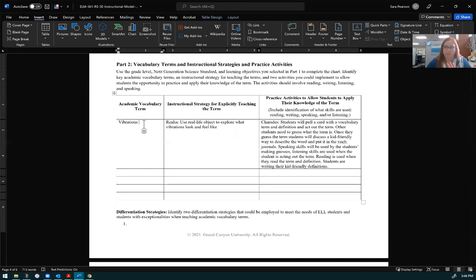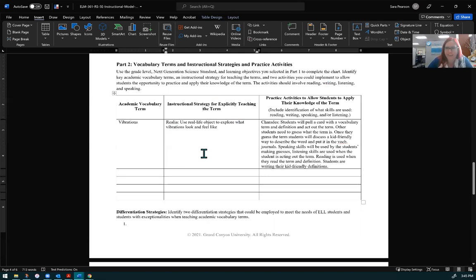So when we look at this chart, we have 2 parts. 1, how am I going to teach it? And 2, how will students practice it? Now, for the instructional strategy for explicitly teaching, you need a strategy for the teaching, identify the key terms, and instructional strategy for teaching the terms, and 2 activities that you could implement here.